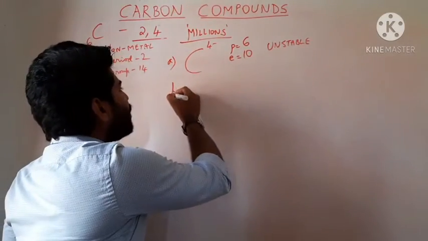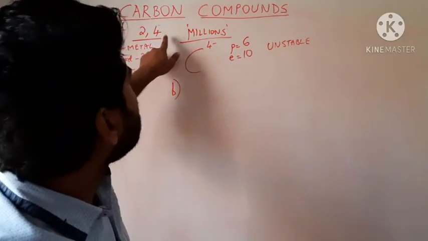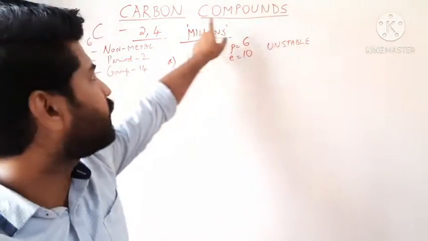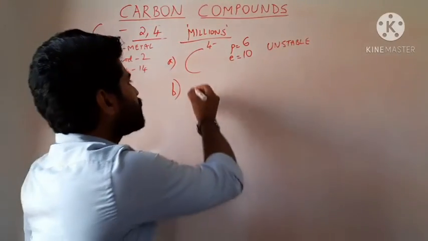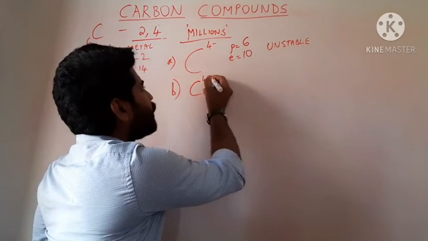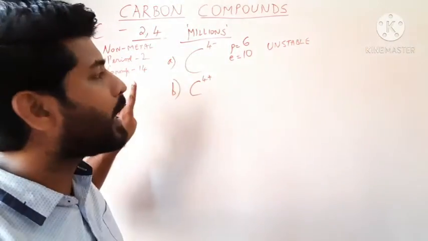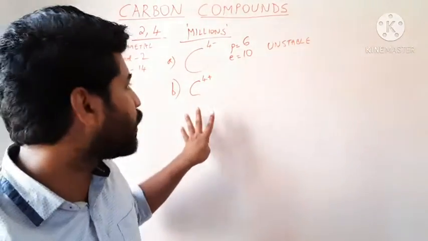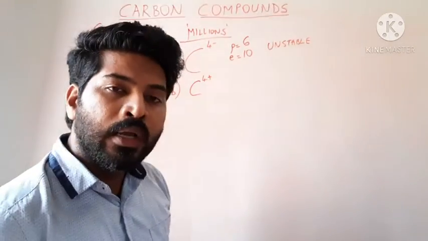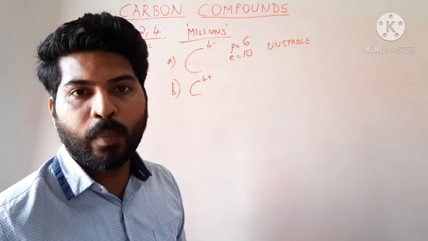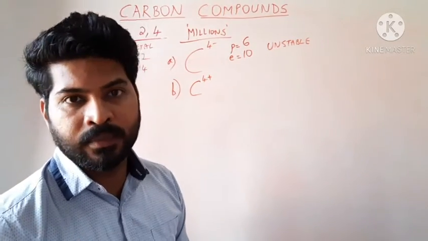The next possibility is that carbon should lose 4 electrons. If carbon loses 4 electrons, it becomes a cation, which is highly unlikely, because in order to remove an electron from its shell or orbit, it requires energy.